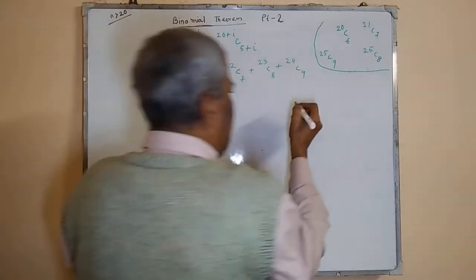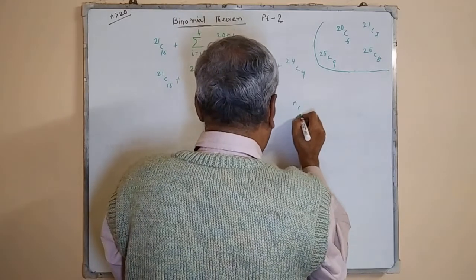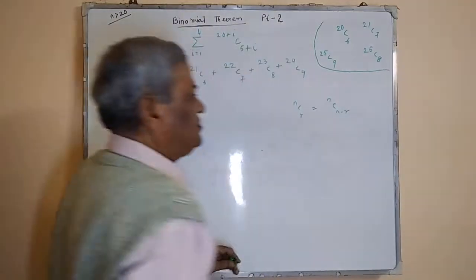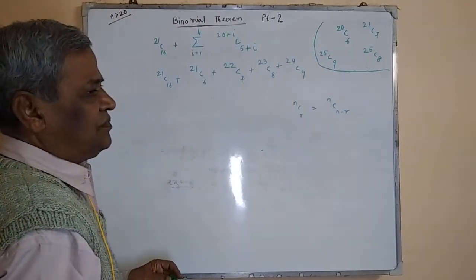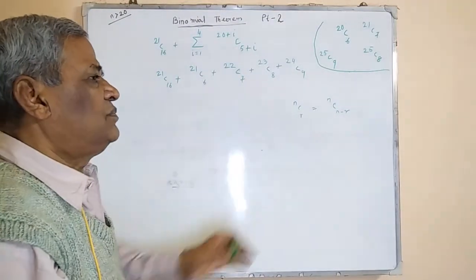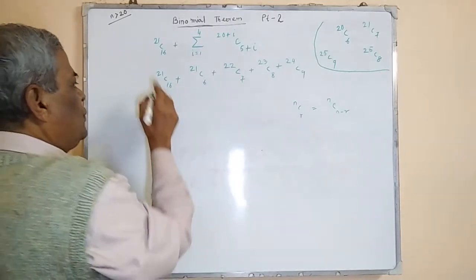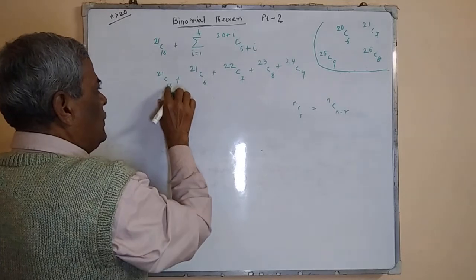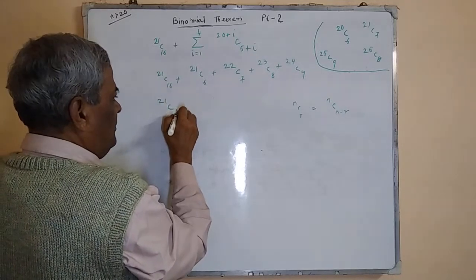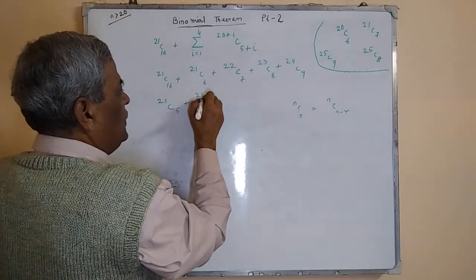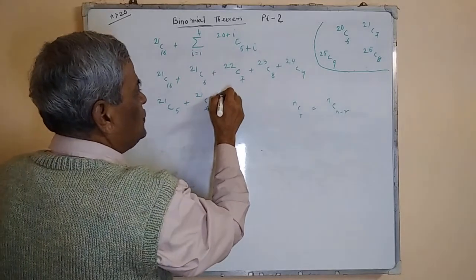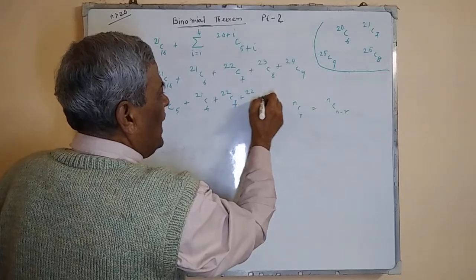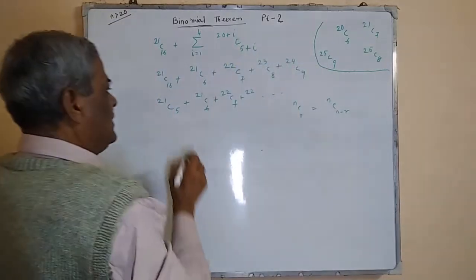Clearly we know that nCr is equal to nC(n minus r). This is a property of binomial coefficient. So this is equal to 21C, 21 minus 16 is 5, plus 21C6 plus 22C7 plus 22 and so on up to this.